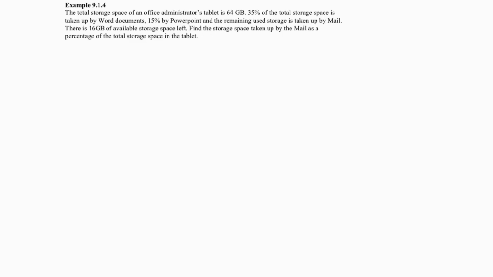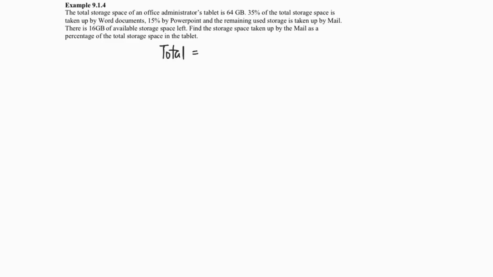Hello everyone, welcome to this math problem where we are looking at the total storage space of a tablet. The total is 64 GB. This is what I usually like to do.